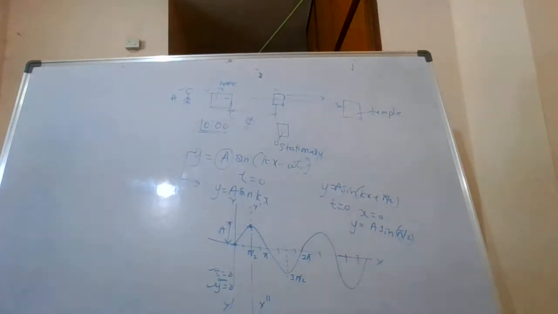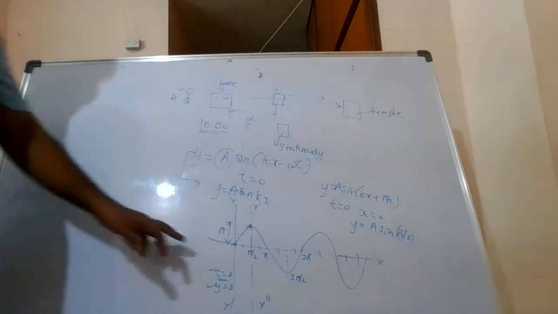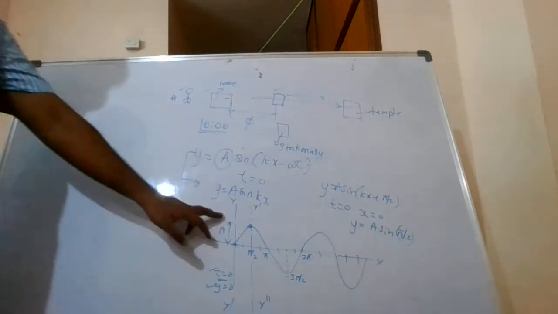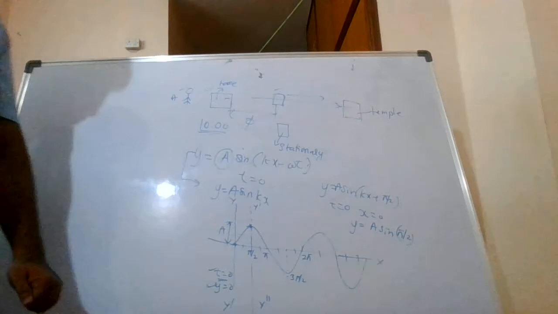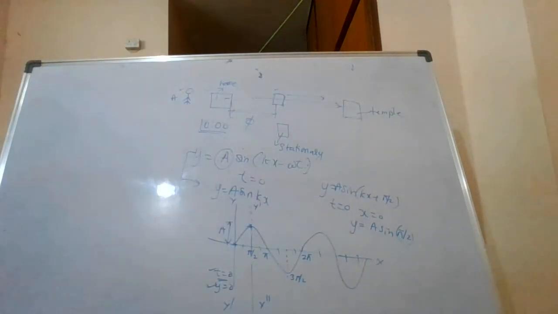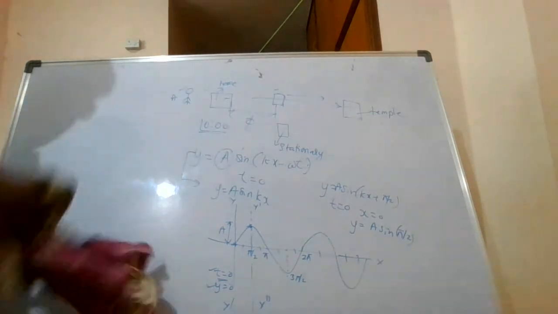So that is the initial phase. Every time it is not necessary that the wave will start from this point only. It can start from this other point also. When it starts from this point, how you are going to write that equation? How you are going to draw that? It will be drawn something like this.